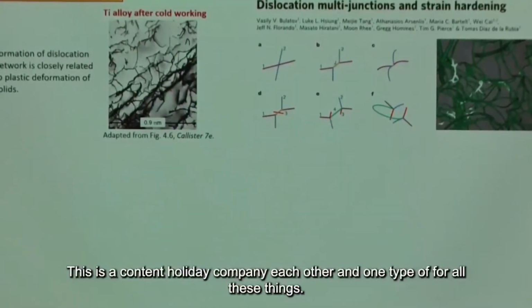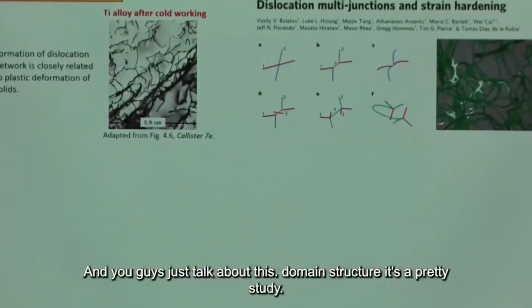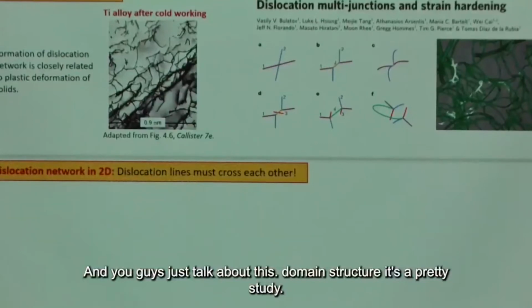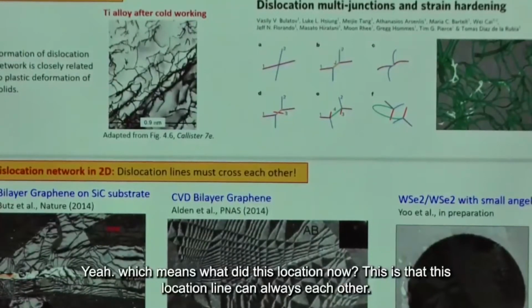But I don't want to go through all these things; I want to mention the following. If all these domain structures I mentioned are indeed dislocation lines, and I was talking about these domain structures in a 2D system, the one important thing is the reduction of dimension. We are talking about a dislocation line network in 2D, which means all the dislocation lines are embedded in 2D, therefore they cannot avoid each other, unlike the 3D case where dislocation lines can avoid each other.